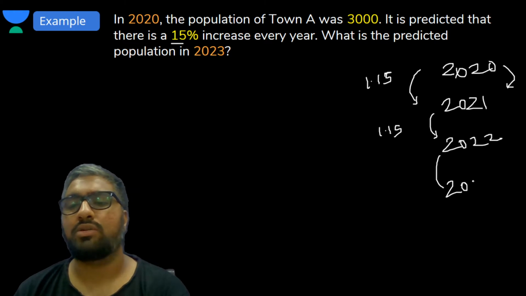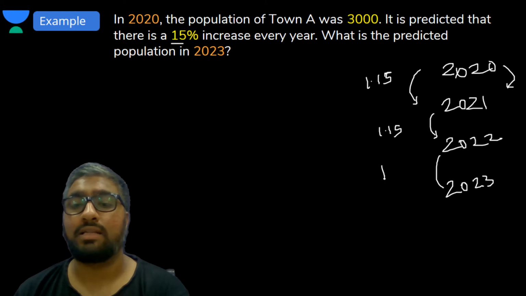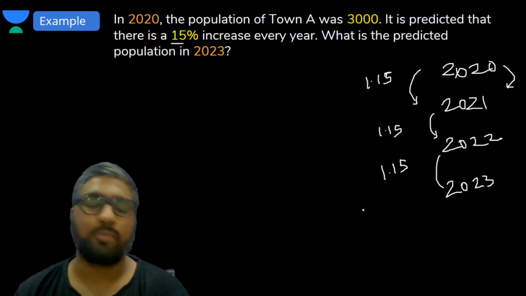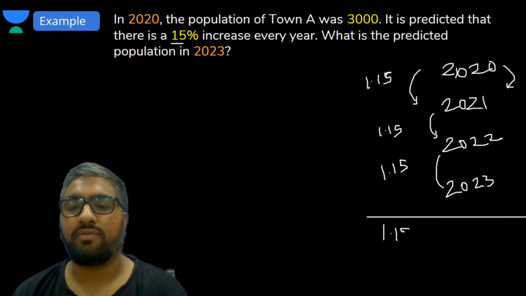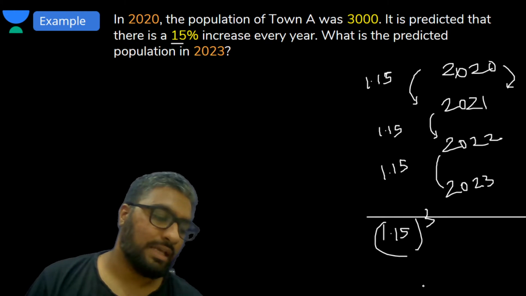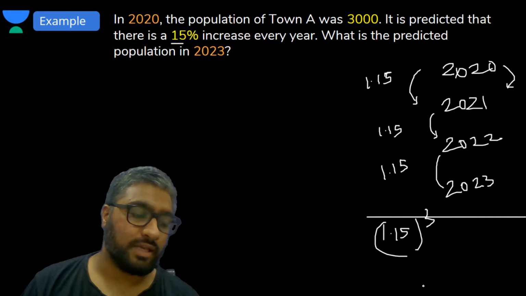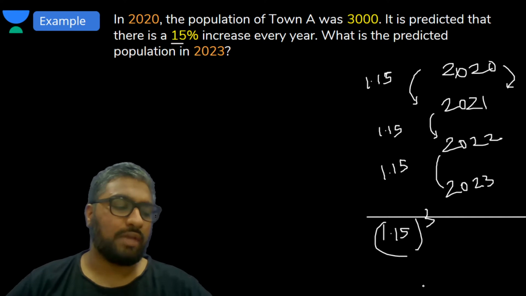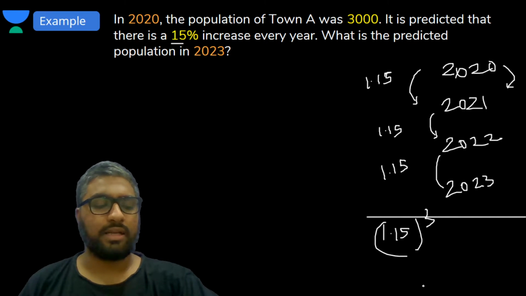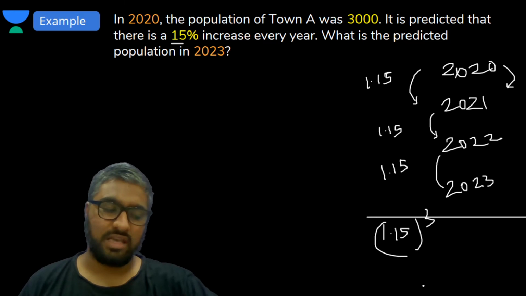And from 2022 to 2023, another 15%. In total, what happens? 1.15 cube. Got it?